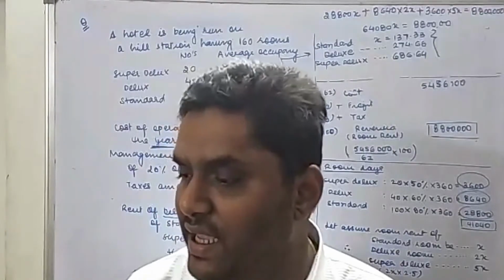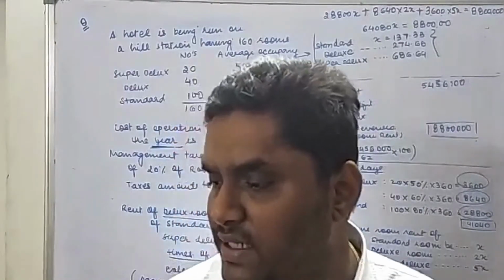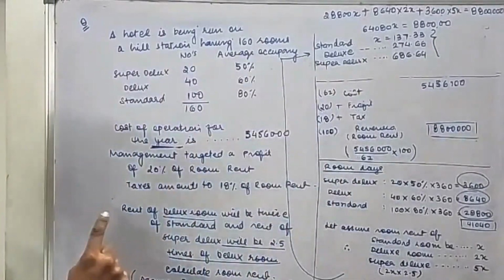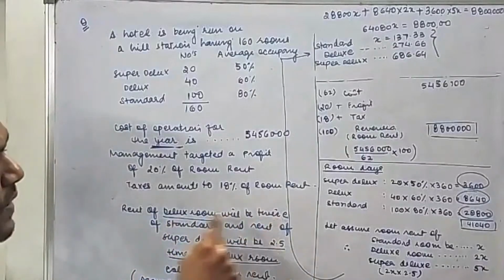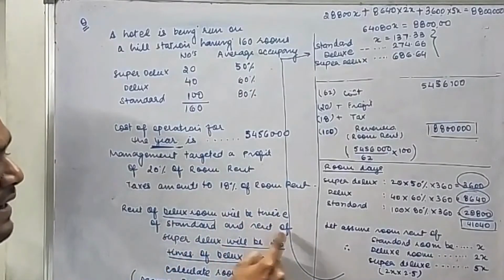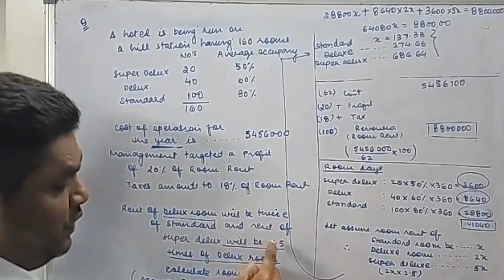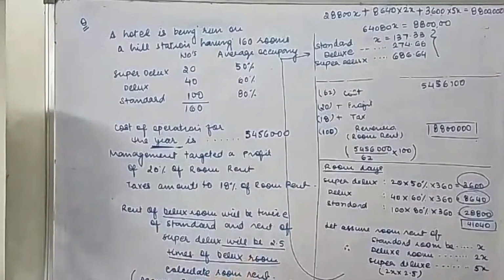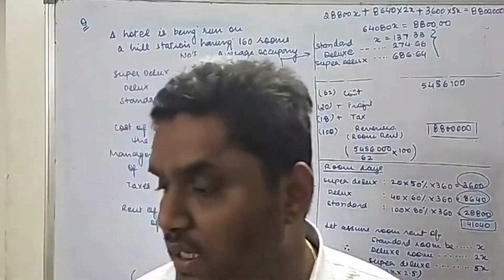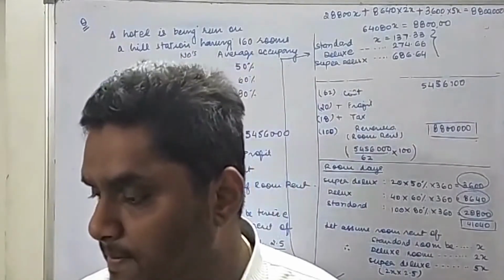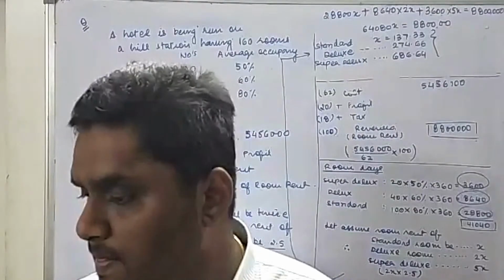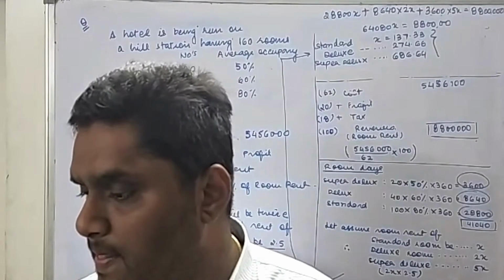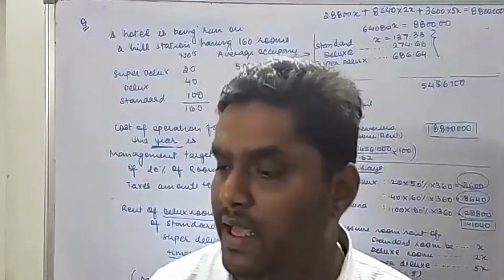See, as I said again, read the question carefully, Bhaskar. See, it is written clearly that the rent of the deluxe room will be twice of standard and the rent of super deluxe will be 2.5 times of the deluxe room. So this part was the key. Anyone else?